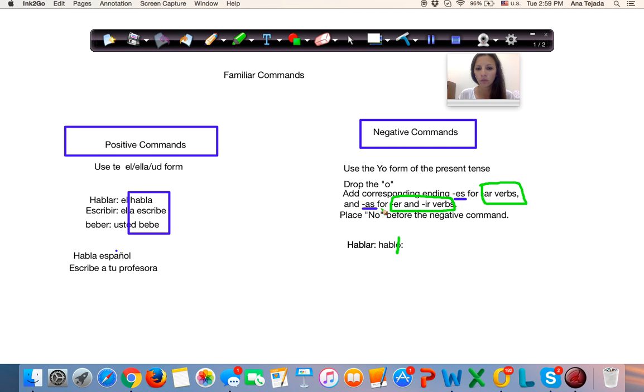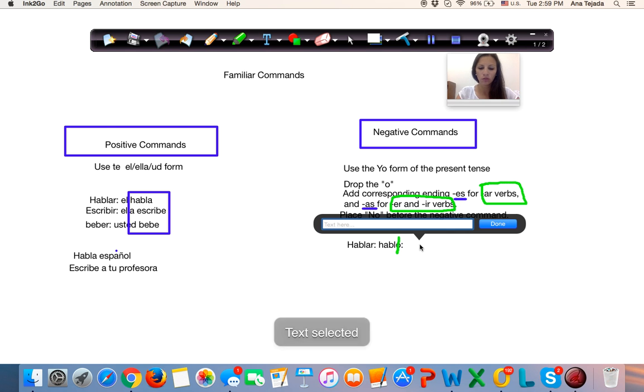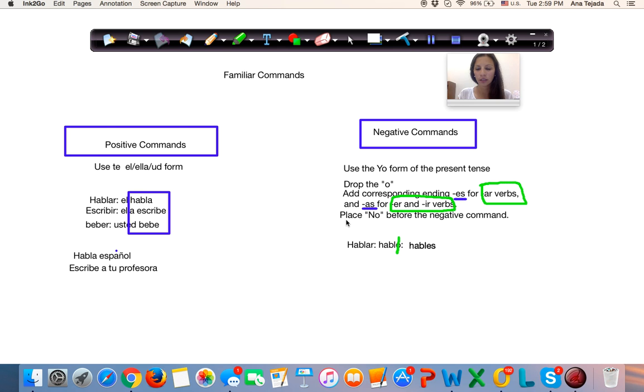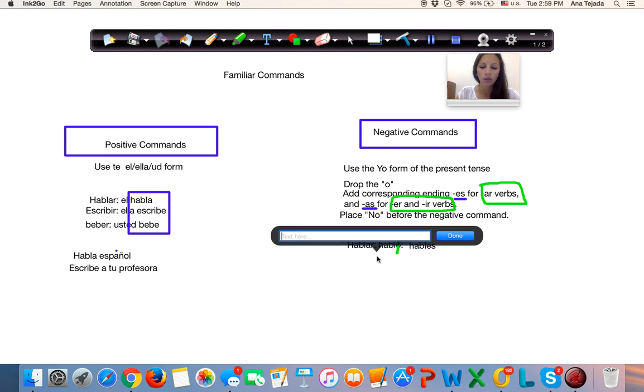AR verb, meaning we're going to have an ES ending. So our result is hables. And like I said, our last step is place a no before the negative command. So let's use the same phrase. Hablar español. No hables español. Don't speak Spanish.